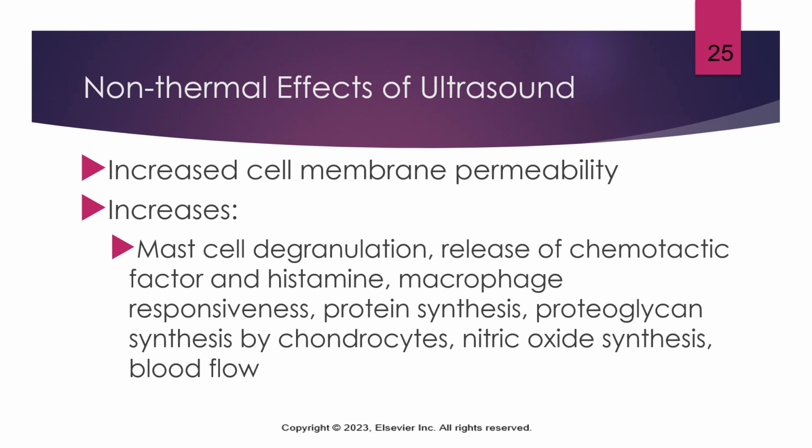So we've talked a lot about cell membrane permeability and how it's a desired effect for this non-thermal application of ultrasound. But what does that really mean? Well, when we're increasing cell permeability, we get things like mast cell degranulation, which helps to release substances like histamine and chemotactic factors, which play a role in that inflammatory and healing process.